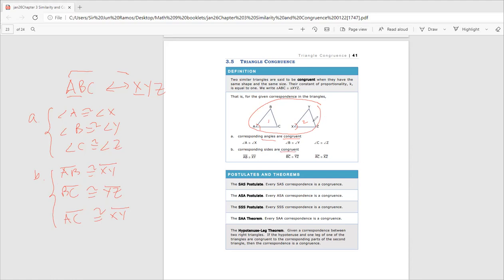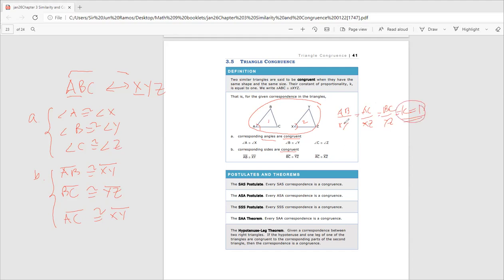In terms of proportionality, let's say AB is to XY as AC is to XZ, and then BC is to YZ. The constant of proportionality here is equal to 1. We have a perfect similarity.